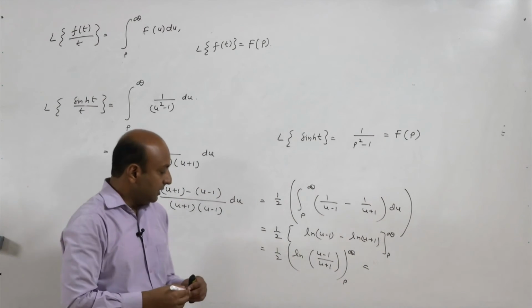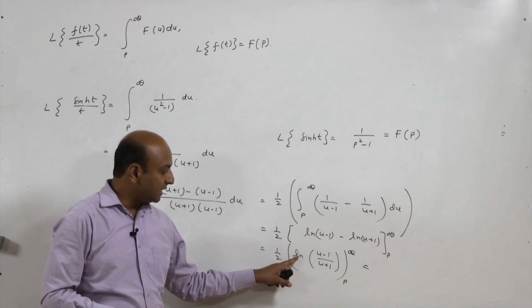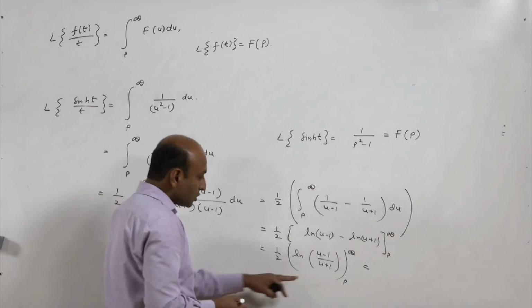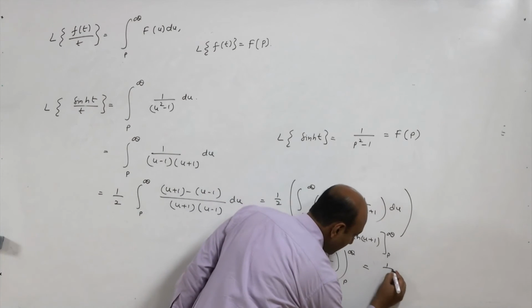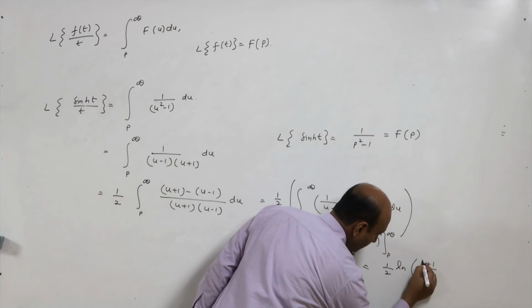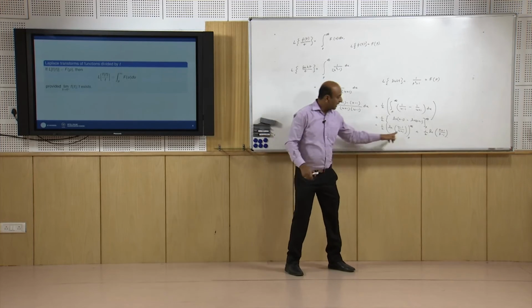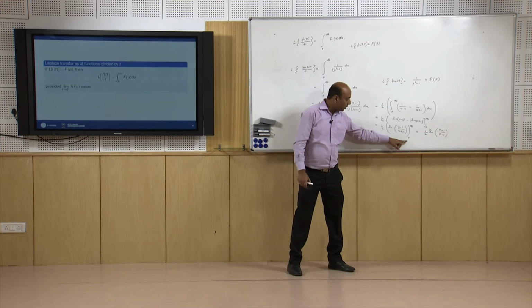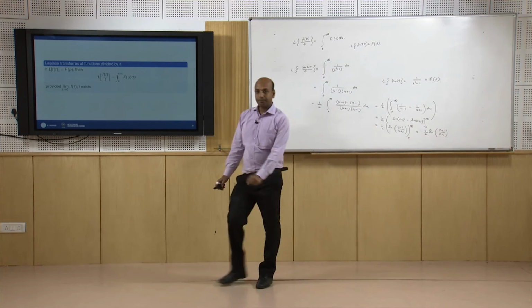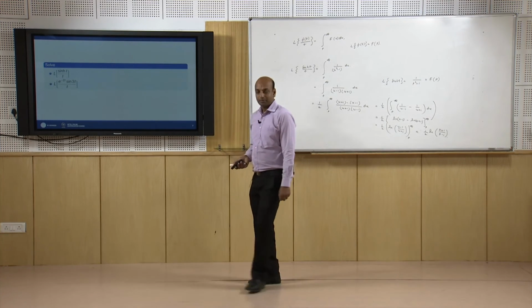At infinity it tends to 1, and log 1 is 0, and at p it is ln of (p minus 1) upon (p plus 1). Because we have upper limit minus lower limit, because of the negative sign these two will interchange. So, it is ln of (p plus 1) upon (p minus 1). So, this will be the Laplace transform of the first problem.